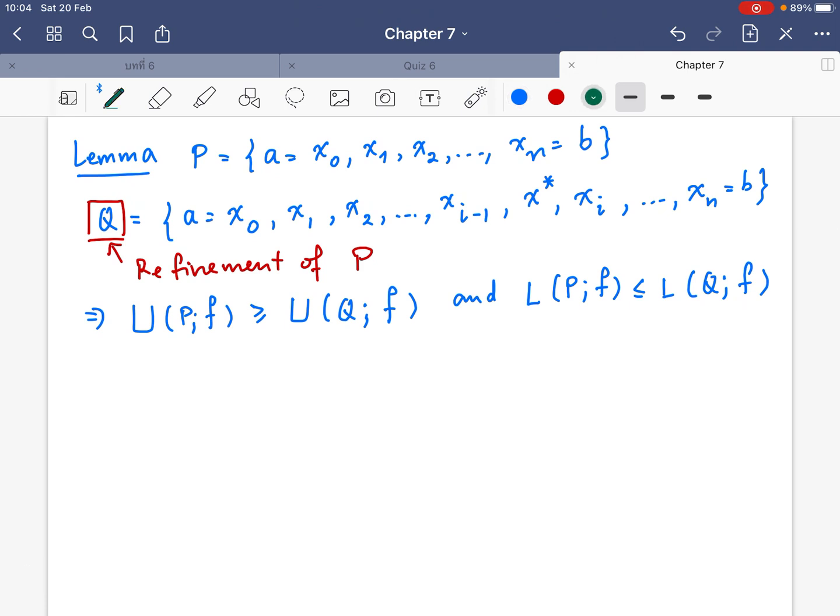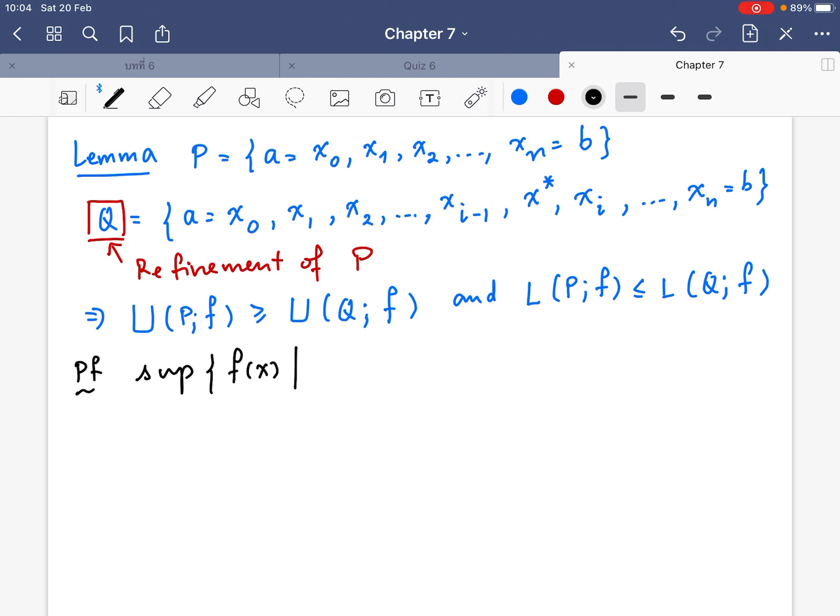Okay, so let us prove this lemma first. The lemma actually depends on the property of the supremum and the infimum.